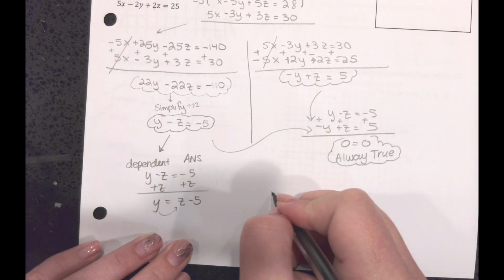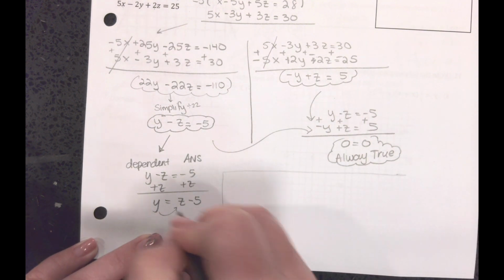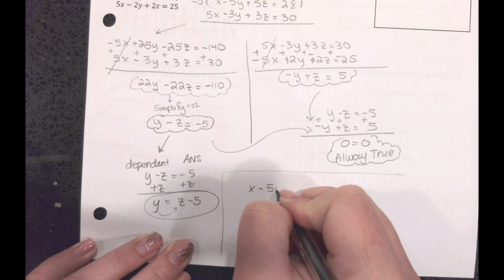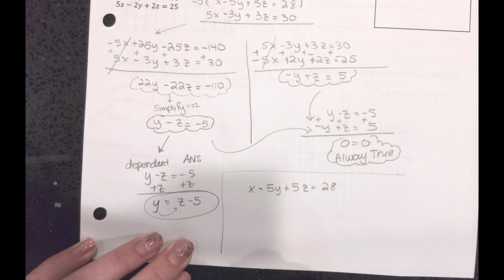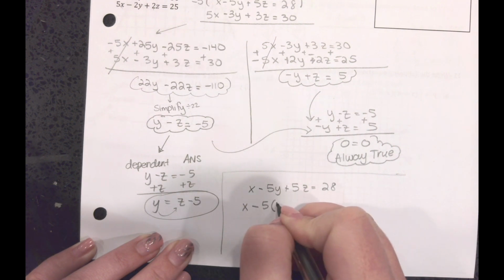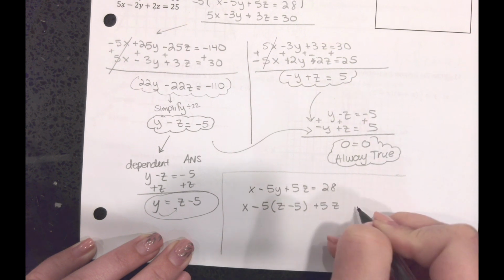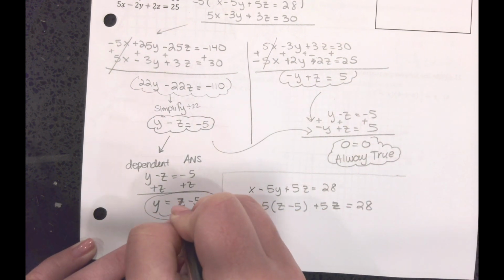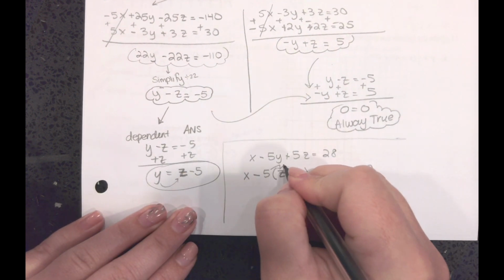So then we're going to take one of our originals. I'm going to separate this out. Circle that. We have x minus 5y plus 5z is equal to 28. X we need to solve for. Y we know is dependent on z, and because it is dependent on z, z stays. We don't mess with z because we are dependent on it. Distribute that 5.